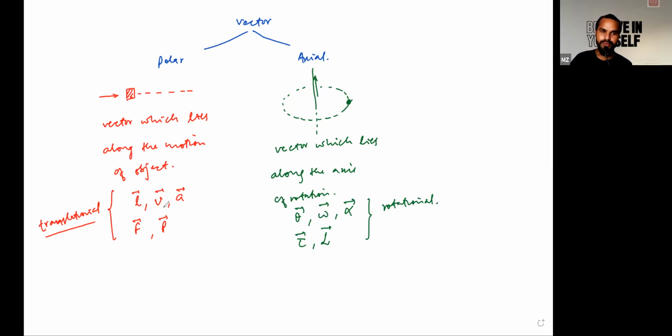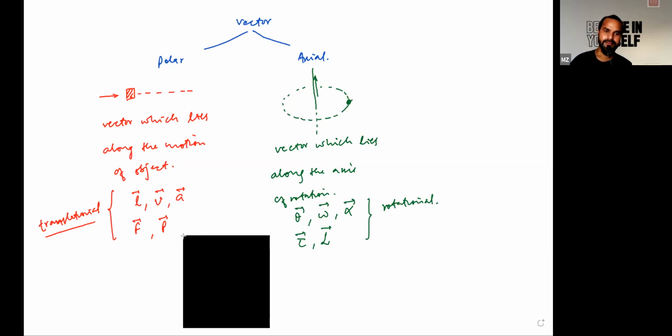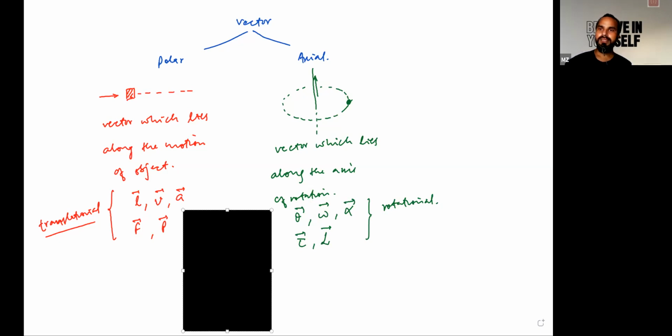Now, there is a relation to define this and this. So, how to define the relationship between these two terms? First is displacement and theta: dl is equal to d theta cross r. Similarly, velocity is equal to omega cross r.